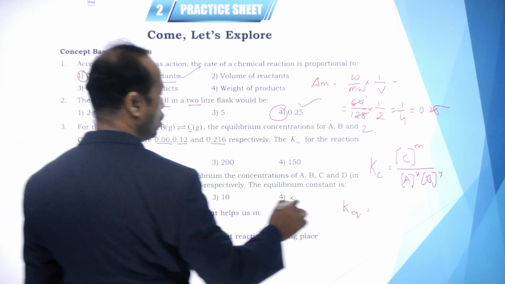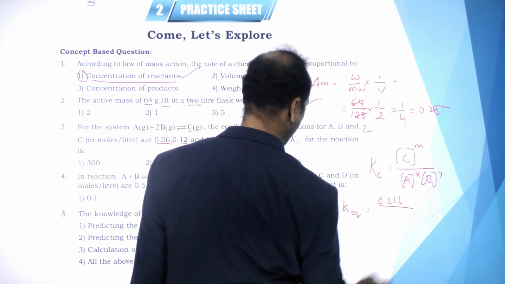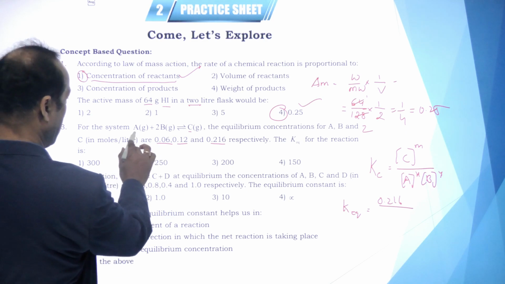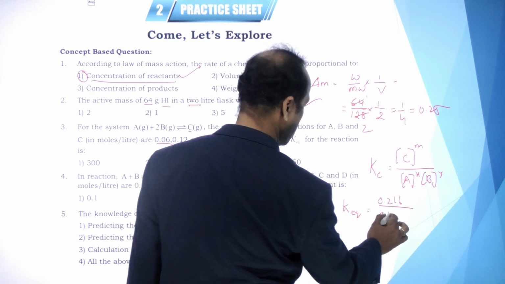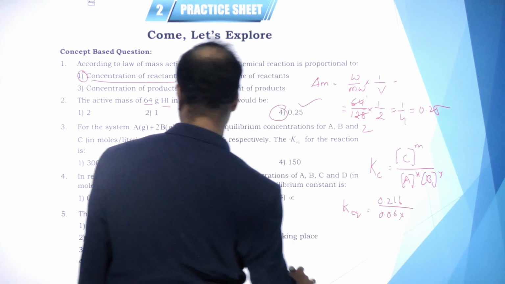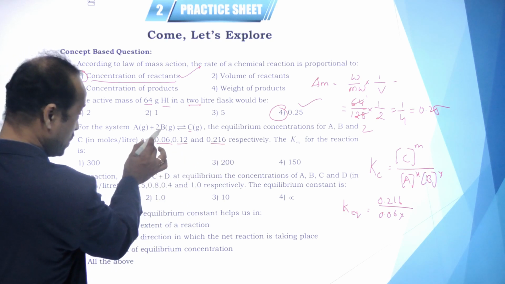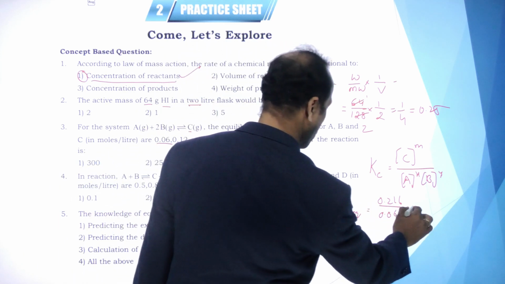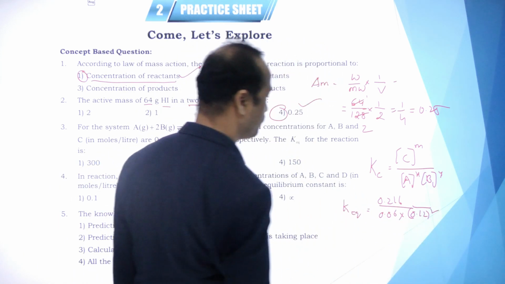The product, that is 0.216. You need not write the power of m or anything here. And for A, the concentration is 0.06, into B, which is given as 0.12, but here there are 2 moles of B, so you write the power 2. 0.12 whole square.